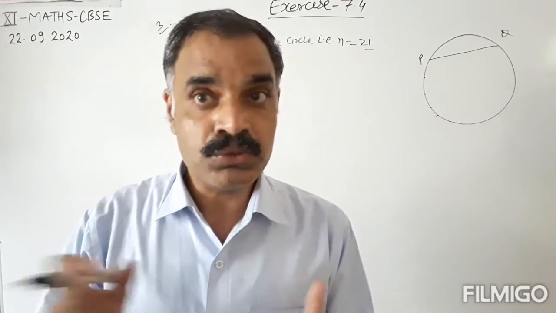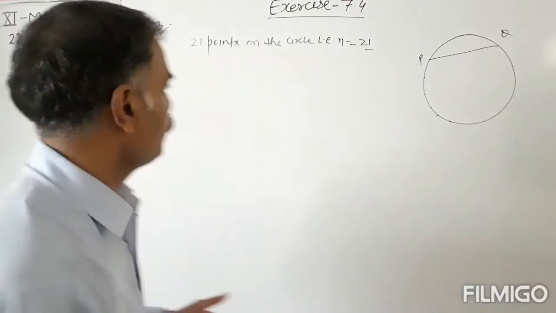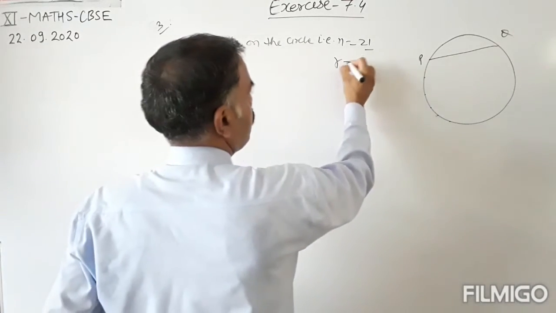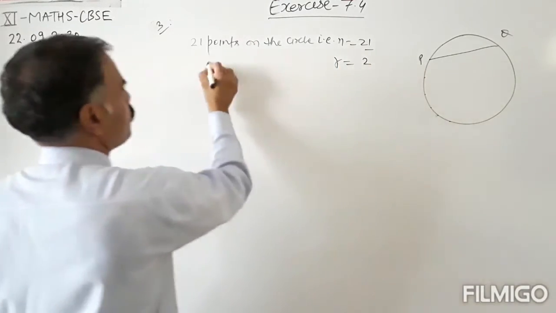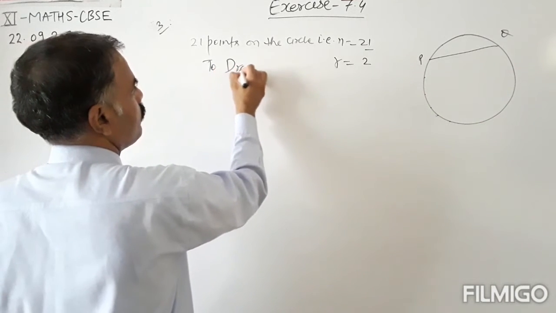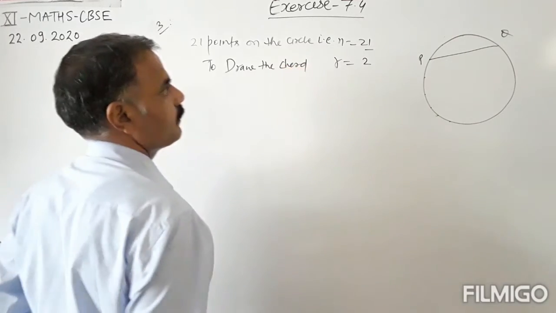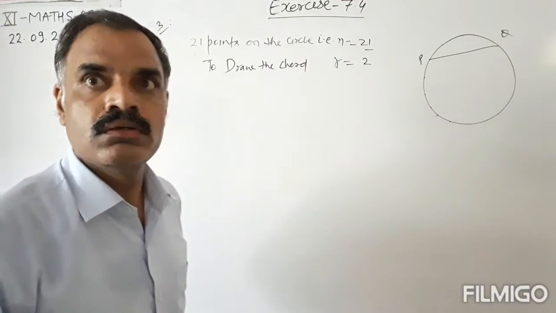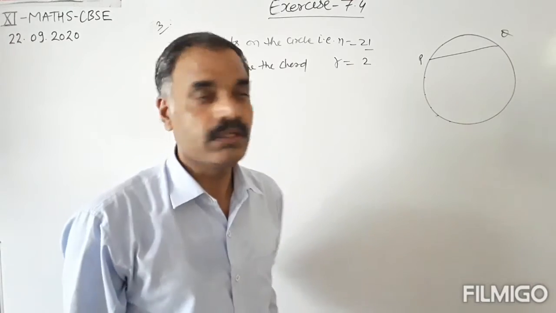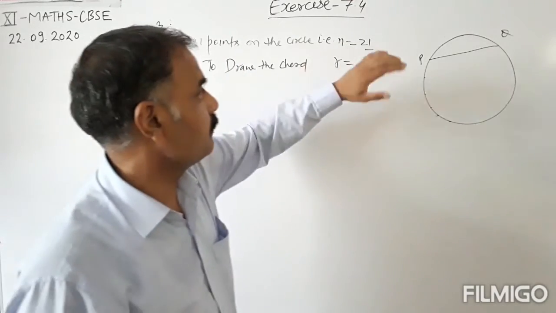So we require 2 points out of 21 points. So r equals to 2 to draw the chord. Okay, so r equals to 2, n equals to 21.